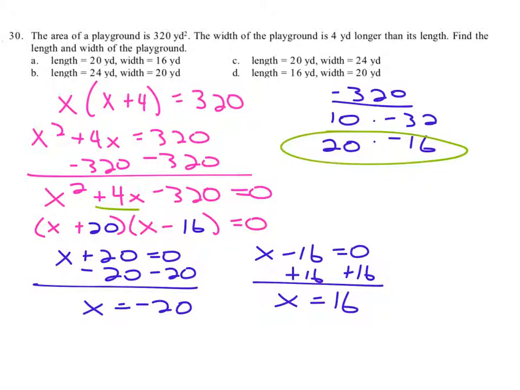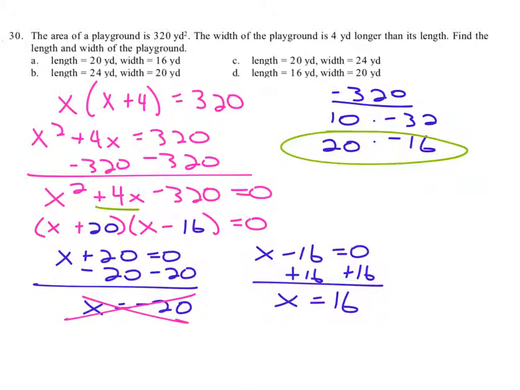And hopefully, based on the last problem, you're starting to catch on that these are lengths. We cannot have negative 20 as a width or length of a playground. It doesn't make any sense. So 16, and it says the width is 4 yards longer.